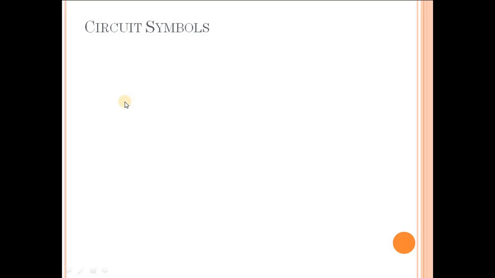When we start using the BJT in circuits, up till now we have been using the same construction diagram in the circuit also, but it is not the usual practice. Commonly in texts, whenever you refer to BJT circuits, the circuit symbol is used and not the construction diagram itself.